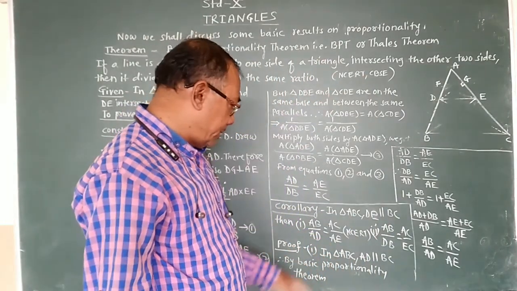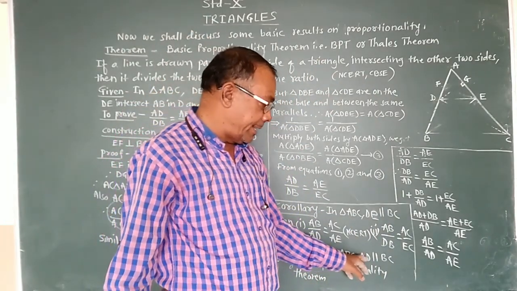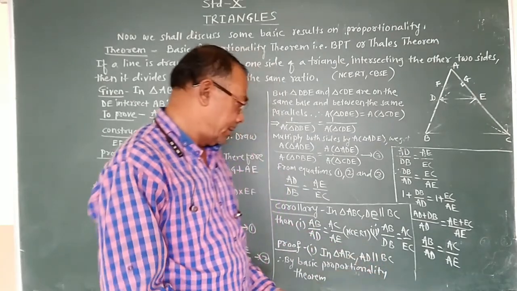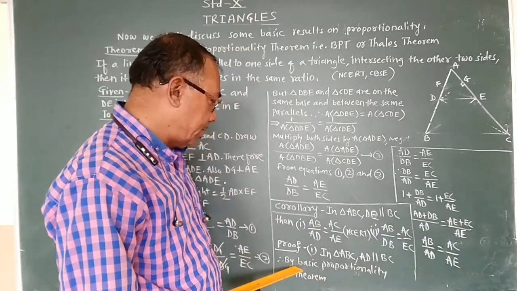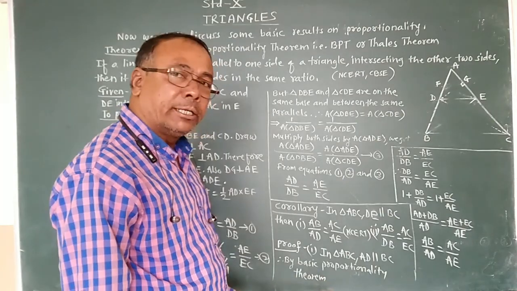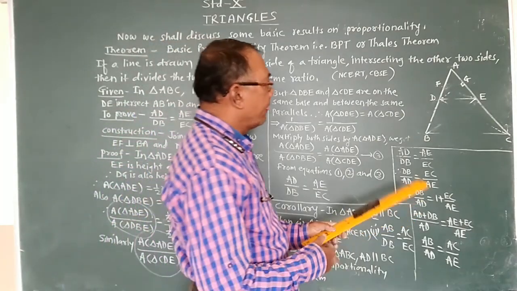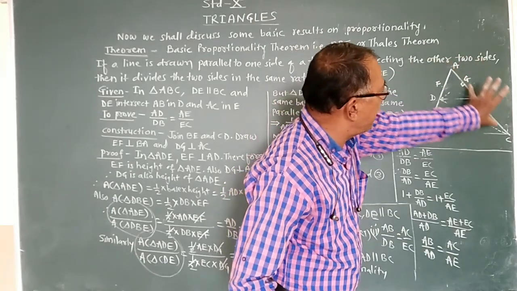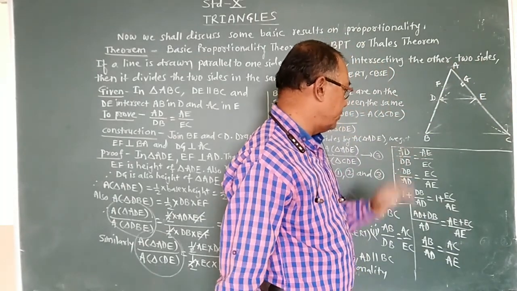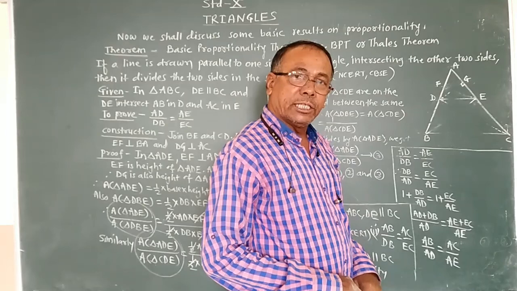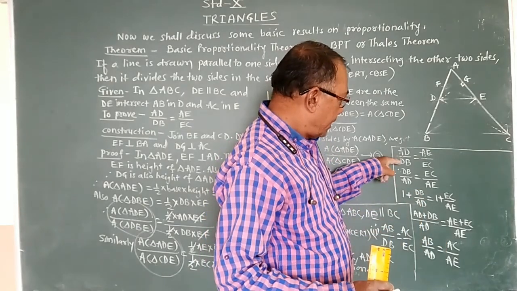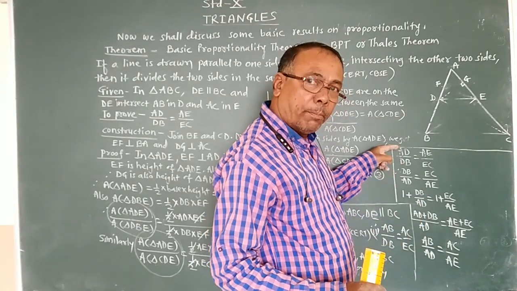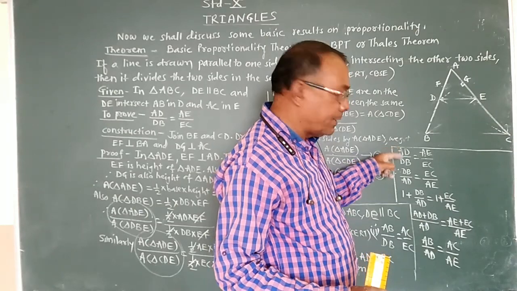Since it is given that in a triangle ABC, DE parallel BC, therefore by basic proportionality theorem we can write AD upon DB is equal to AE upon EC. That is given. And now taking the reciprocal, we will get DB will go upper side and AD will come down.